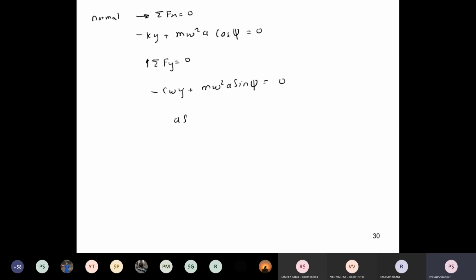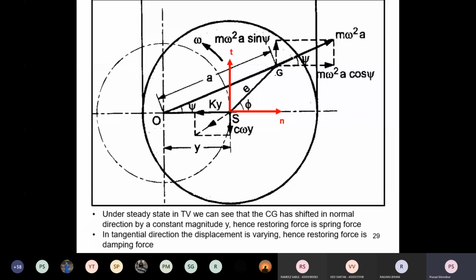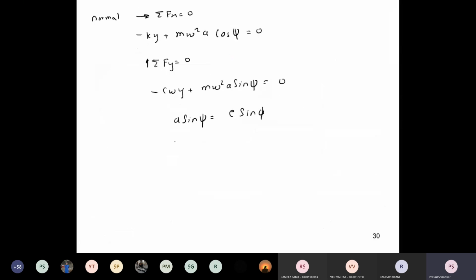Now we are working with this triangle. For this vertical distance, A sin psi is equal to e sin phi.